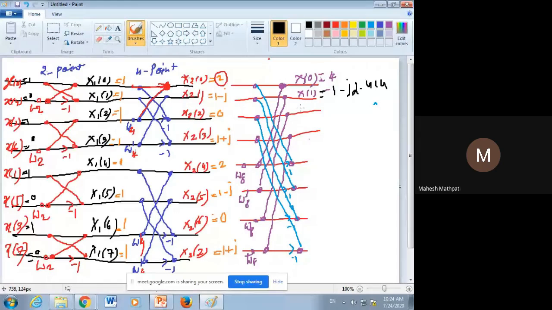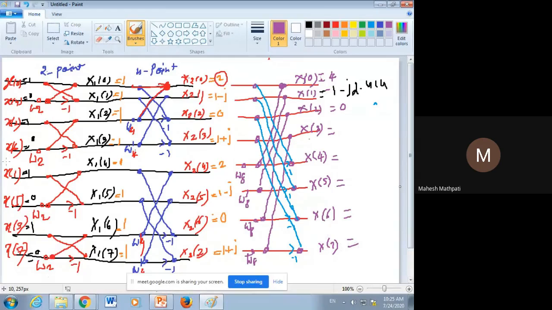X of 2, has anyone calculated? Yes, sir. X of 2 is equal to 0. Calculate X of 3, X of 4, X of 5, X of 6, X of 7.